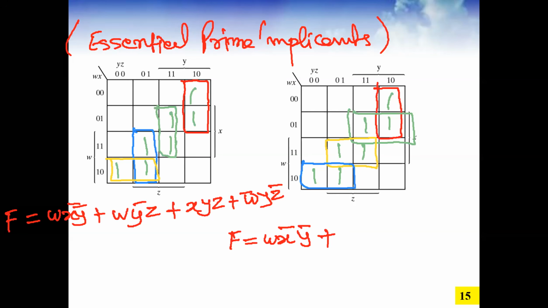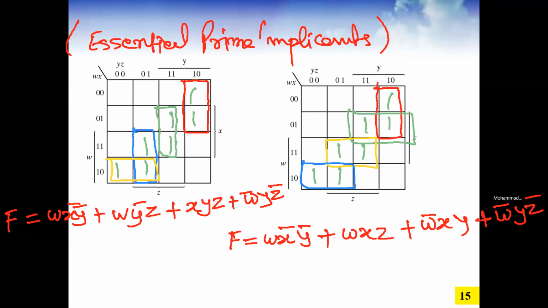W X Z. All right. Now for the green color: W complement X and Y. All right. Now the red color: W complement Y Z complement.